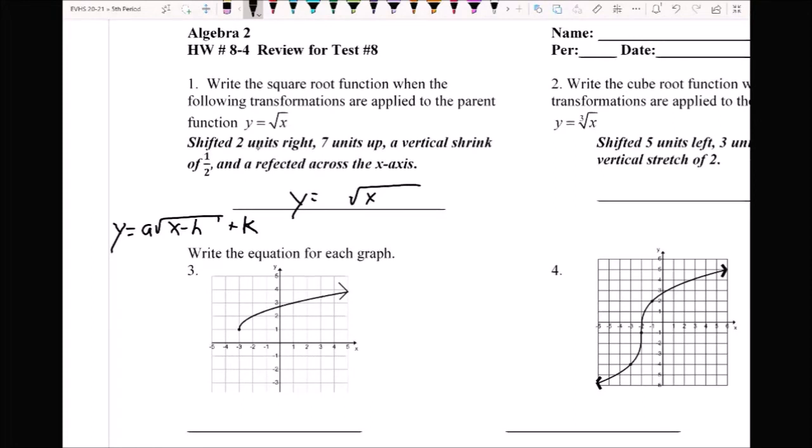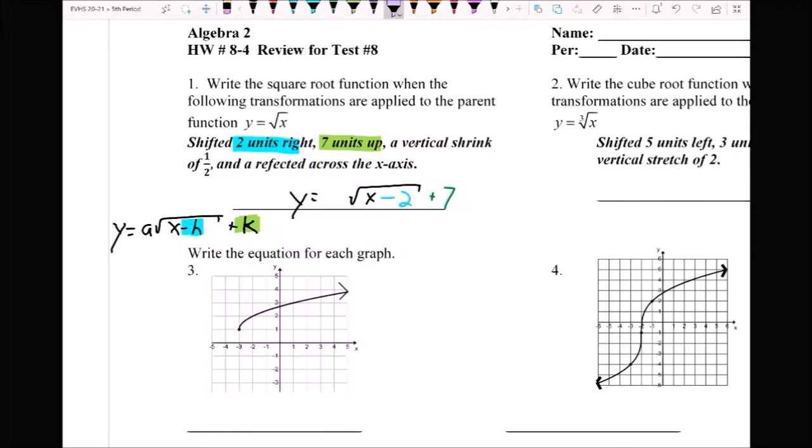Okay, shifted 2 units right. That is going to be a horizontal shift, but remember the inside lies. So right is a positive direction, but we've got to go the opposite sign. So that's -2. That's that one there. Then 7 units up is k, our vertical shift, and that uses the right direction, so up 7 is +7.